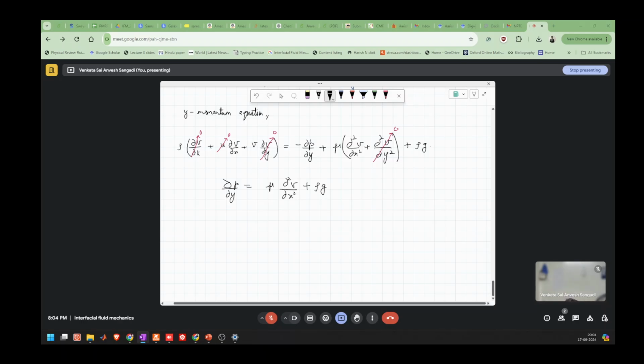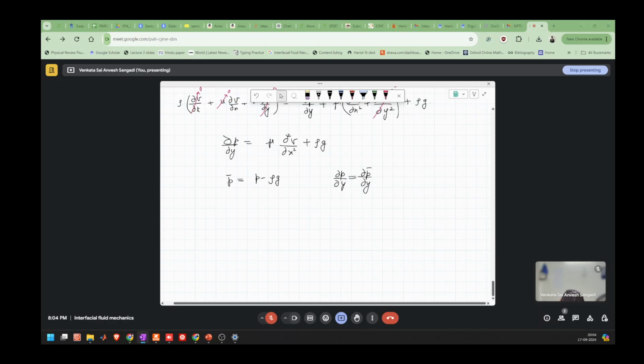Taking p dash is equal to p minus rho g, then del p by del y is equal to del p dash by del y. Therefore, we can take p minus p dash as the modified pressure. Taking that, our equation transforms into del p bar by del y is equal to mu del square v by del x square.